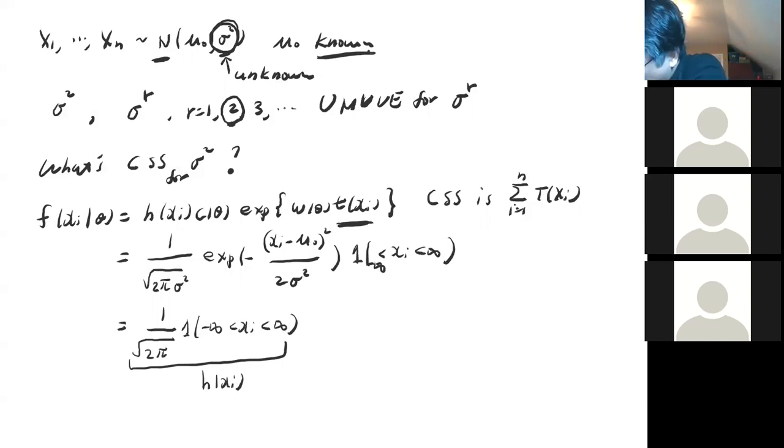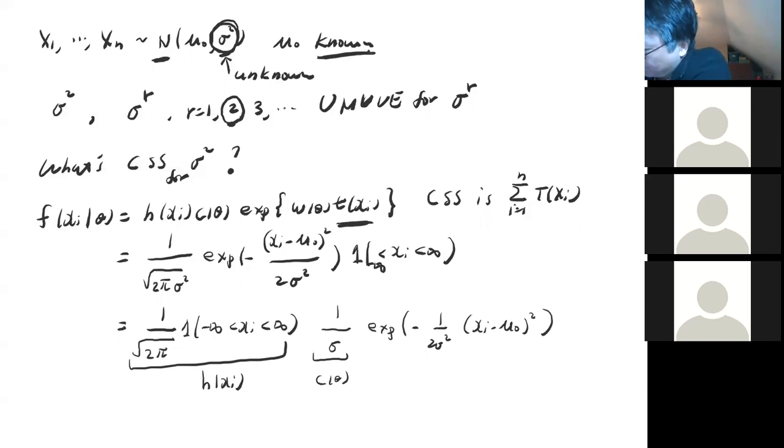Then I could write down sigma right here, this guy could become my c(theta), and then the exponential. You write down minus 1 over 2 sigma squared, then xi minus mu0, then taking square. This guy could become my w(theta), and this guy could become my T(xi).